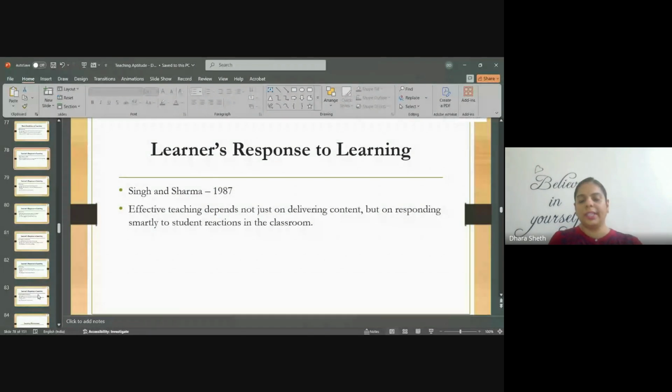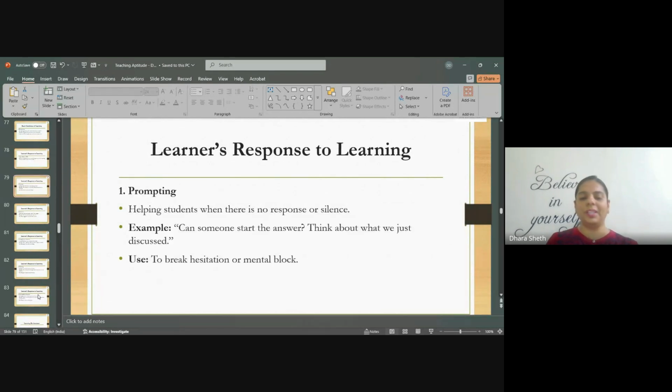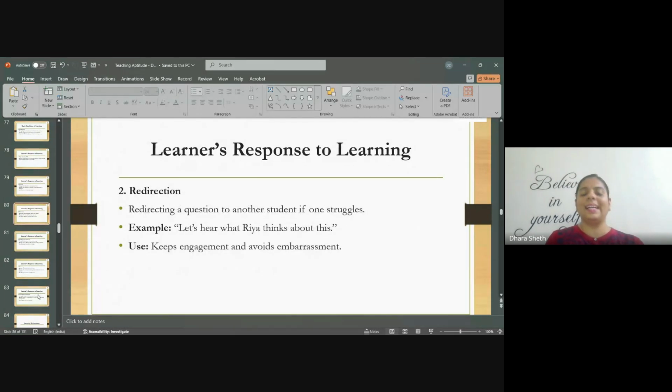Learners' response to learning. Singh and Sharma, 1987. 5 ways teachers can respond to students. You ask them a question and they respond or they do not respond. How do you respond to that? Prompt them, help them to answer, give them a hint. Redirection. If the student is not able to answer, you ask someone else.